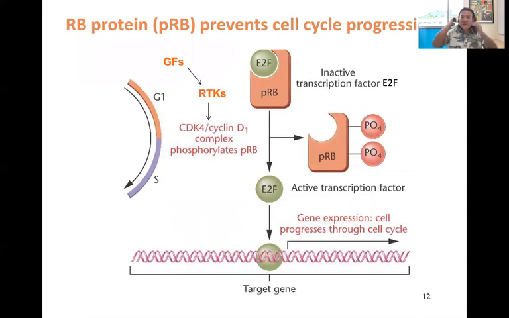All right, so what does RB do? The protein product of RB, or the RB protein, sometimes you'd see it just called PRB, prevents cell cycle progression. Here you have an illustration showing that there are certain genes in the genome, this target gene here, that is involved in encouraging the cell to move through the cell cycle.